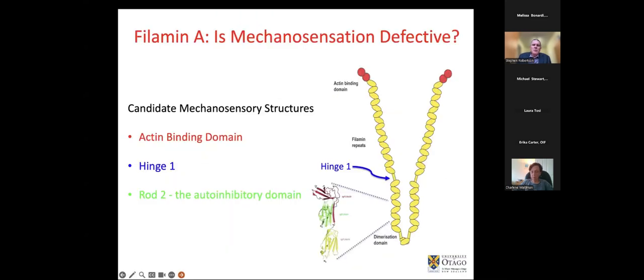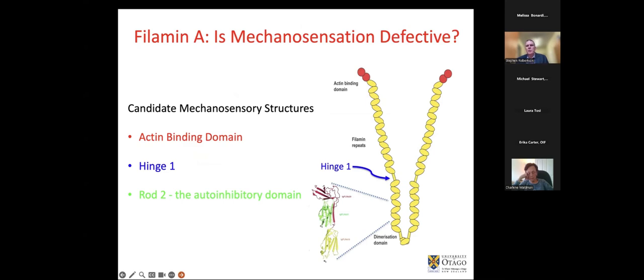One of the mechanisms which could be leading to the so-called gain of function is the mechanosensory properties that filamins are considered to have. So by being able to engage and disengage with actin fibrils through the actin binding domain, filamin is considered to be a molecule which can dynamically interact with the cytoskeleton as it moves and flexes with physical force.